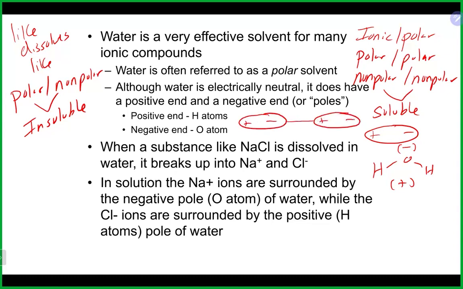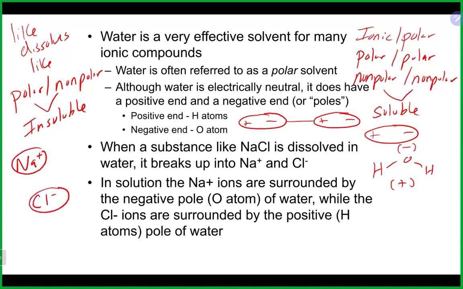So the positive side of one of those polar molecules will be attracted to the negative side of another, and they will mix really, really well together. That is also why something like water, which is a polar molecule, is really good for ionic compounds, because ionic compounds have charges because they're really made up of ions. So when you drop something like sodium chloride into water, you get a sodium ion, you get a chloride ion.